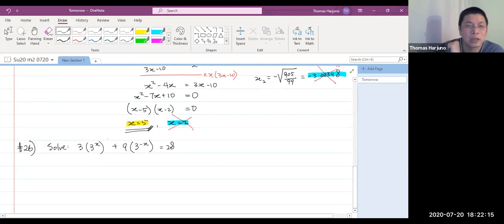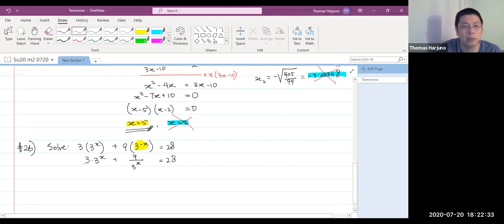This is like 3 times 3 to the x plus 9 times 1 over 3 to the x, with 3 to the x on the denominator, and then equals 28. That's what 3 to the negative x means.